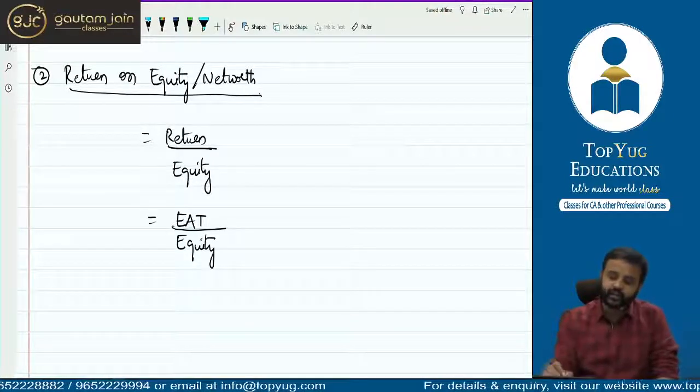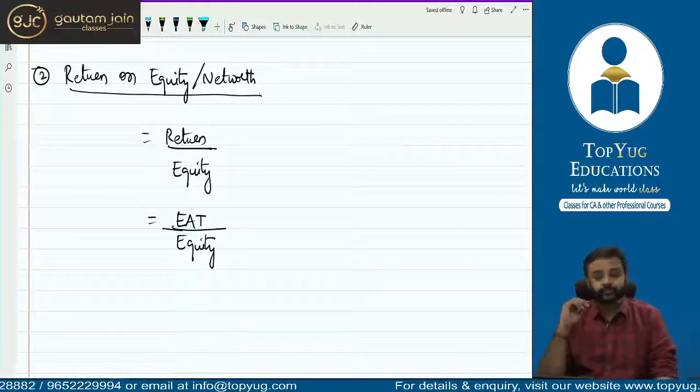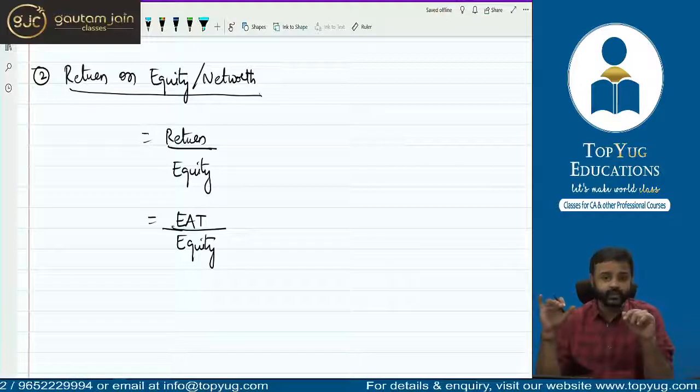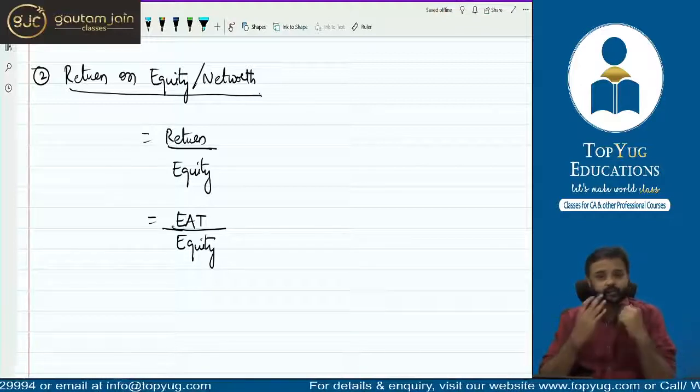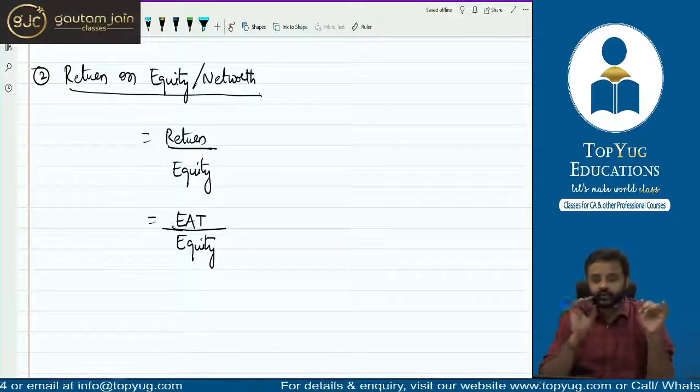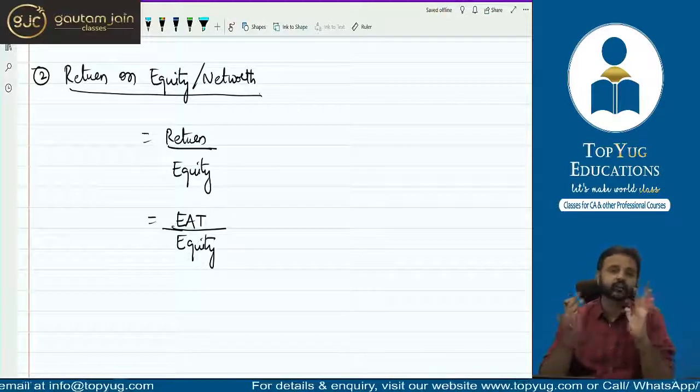Sir, again, shall we write equity or average equity? Because EAT is for the period, for the year, and equity means as on a particular date. If you have the information relating to opening and closing, then you shall take average equity.